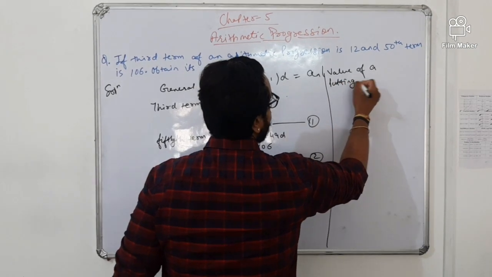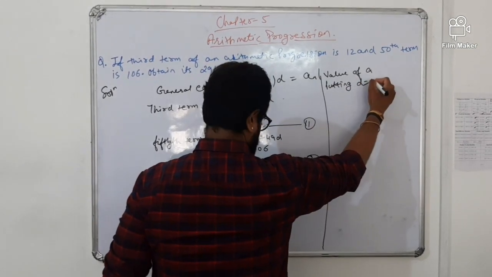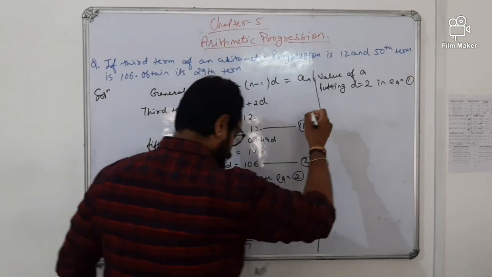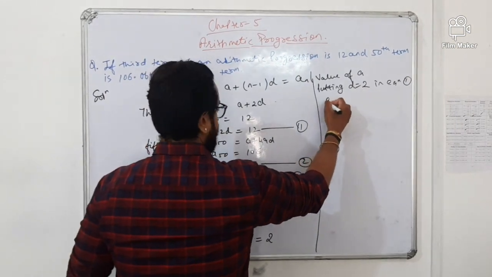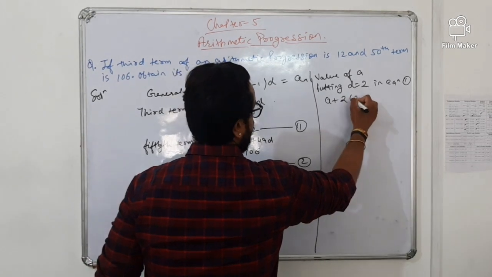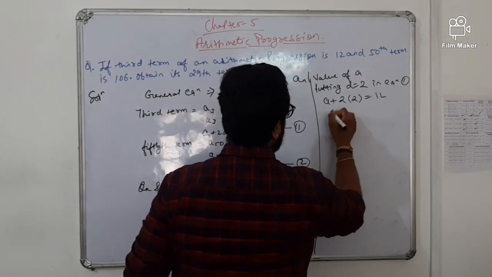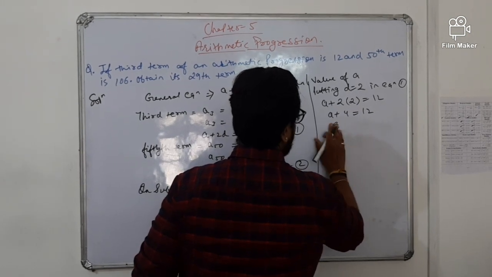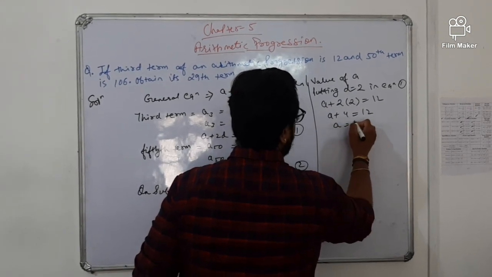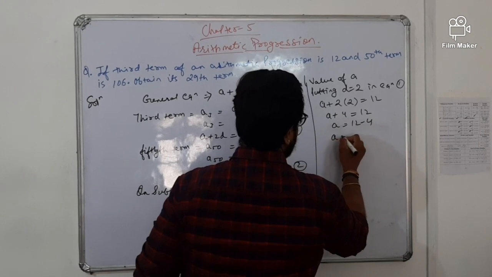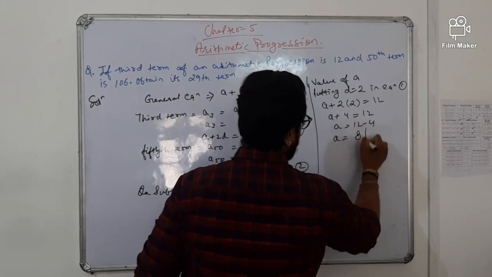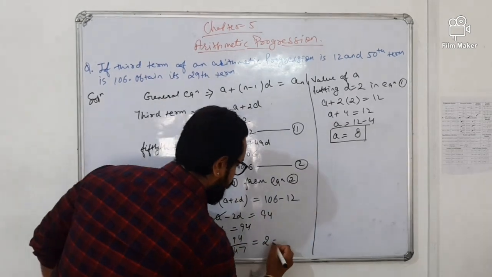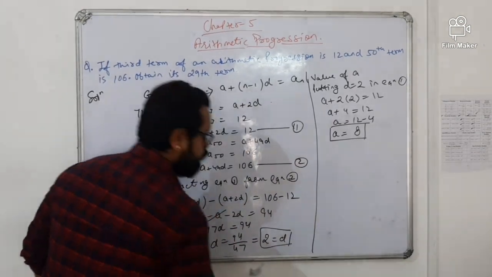Putting D equal to 2 in equation first, A plus 2 into 2 equal to 12, A plus 4 equal to 12, A equal to 12 minus 4, means A equal to 8. So the value of A is 8 and the value of D is 2.